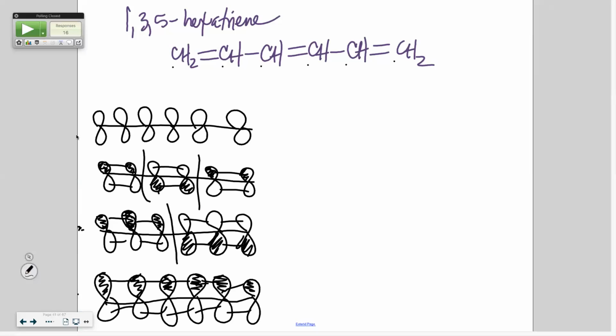Okay, so we're going to have how many bonding interactions? 2. So up, down, down, up, up, down. That gives me 2 bonding interactions and 1, 2, 3 nodes, and we kept the bonding interactions to the middle.